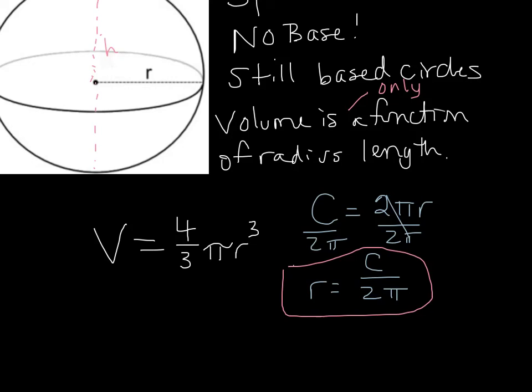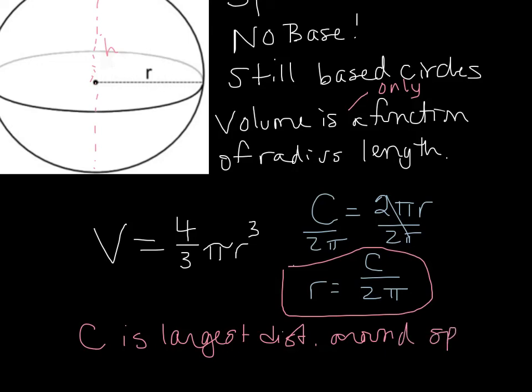I can measure along the outside of the sphere, find its largest distance around the outside, and use that as its circumference. So C is the largest distance around the sphere. So, given a tape measure or a string, I can find that largest distance, use that as my circumference, and divide that by 2 pi to find the radius.